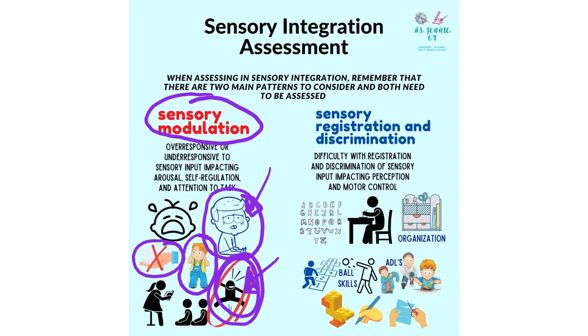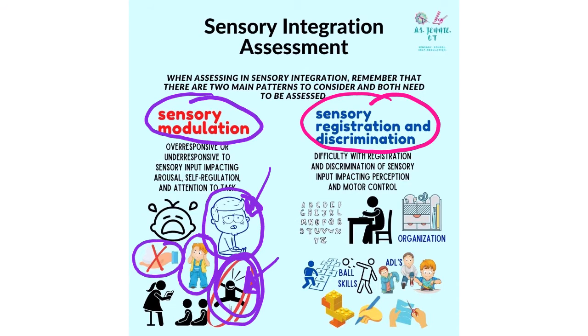The other area that we are looking at is sensory registration and discrimination. So this area is where a student has difficulty with registration and discrimination of sensory input, but it impacts their perception and motor control.